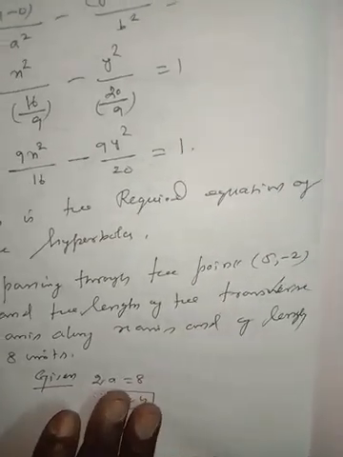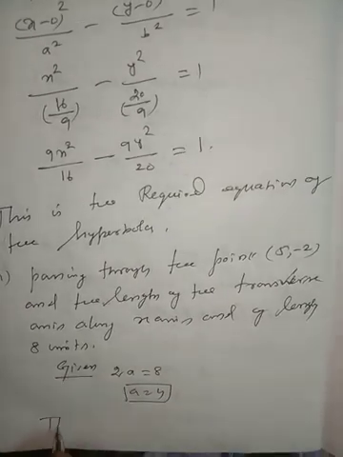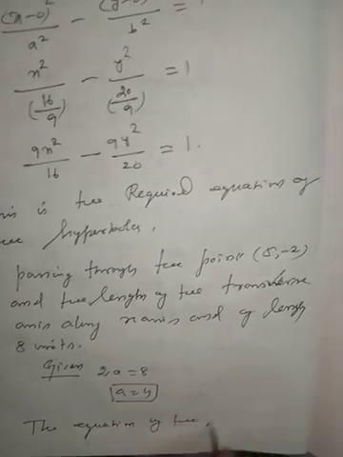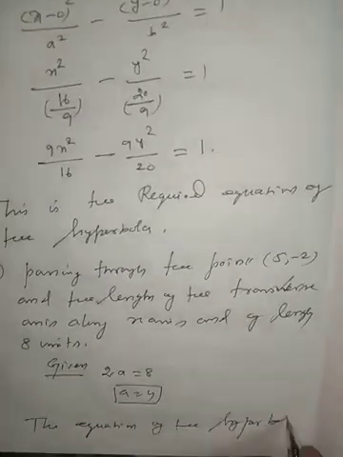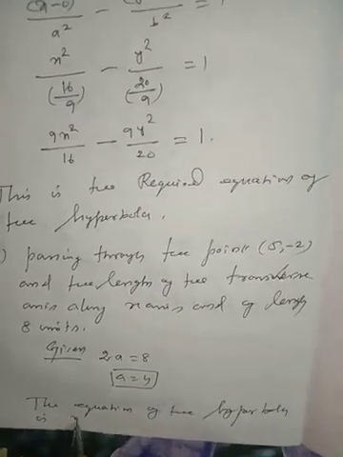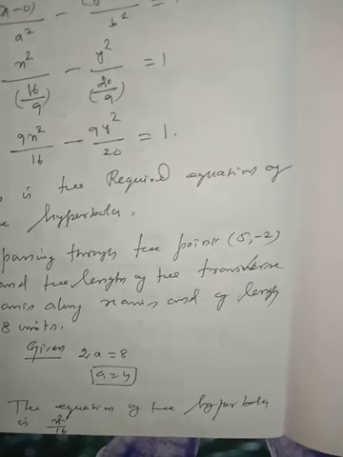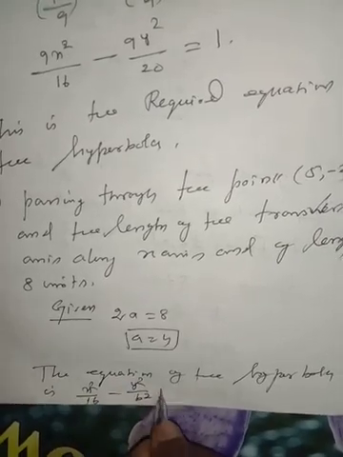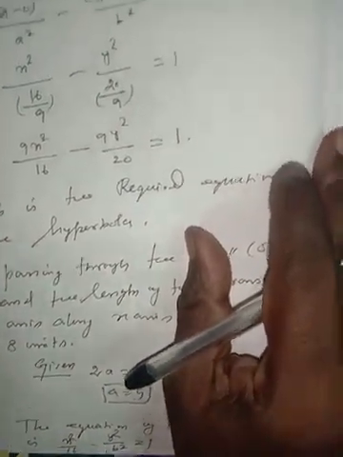Next, the equation of the hyperbola is x square divided by 16 minus y square divided by b square is equal to 1. Next, passing through the point 5 comma minus 2.